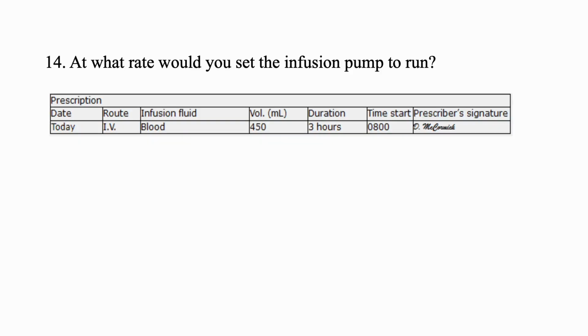Question number 14 is, at what rate would you set the infusion pump to run? So you can see the prescription here. Date is today, route is IV, infusion fluid is blood, volume is 450 ml, and duration is 3 hours. Time start is at 8 hours.